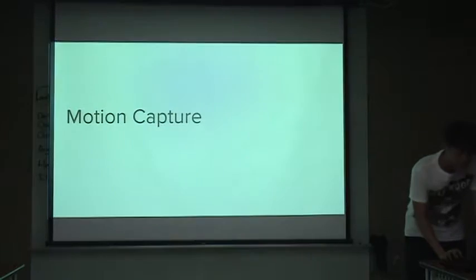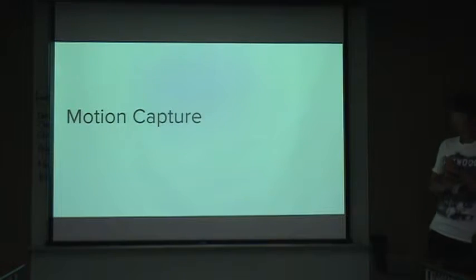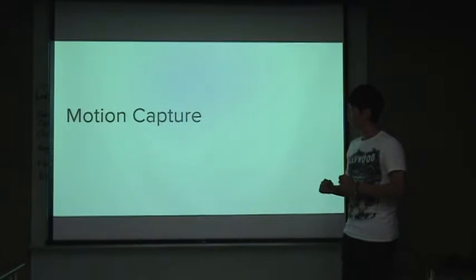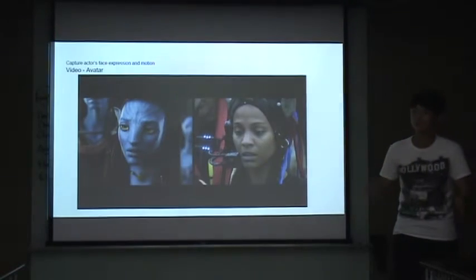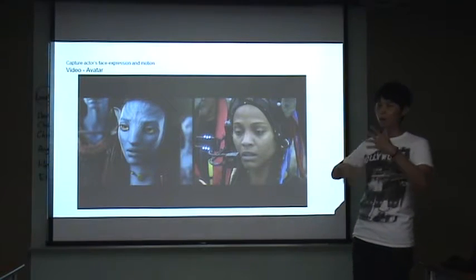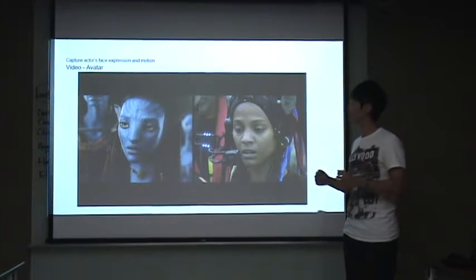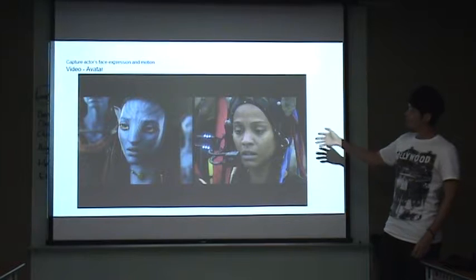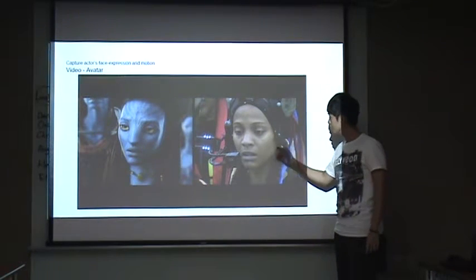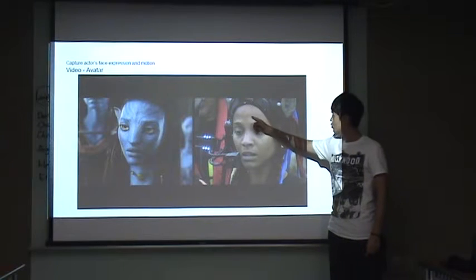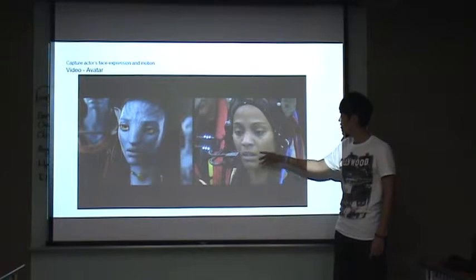And the second technique is called motion capture. Motion capture is the technique that captures actors' facial expressions or body motions. For example, in this video from Avatar, you can see on the right side the actors, and you will see green points on the actor's face.